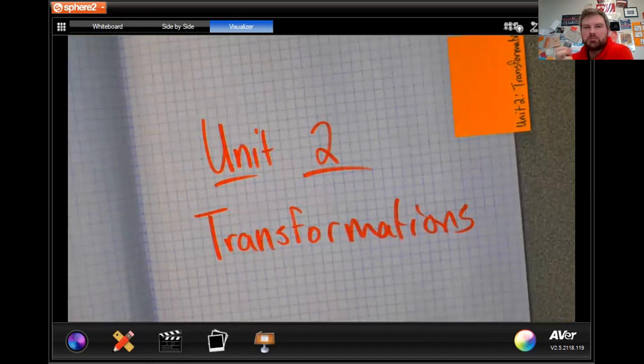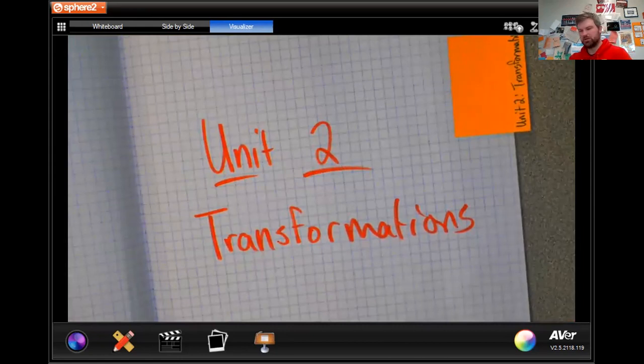And rigid just means that the shape doesn't change in any way. The 3 that we're going to talk about are translation, rotation, and reflection, which you've probably heard of all of those, which is great. It'll make this a little bit easier for you. And we're also going to add in some algebraic equations with these.